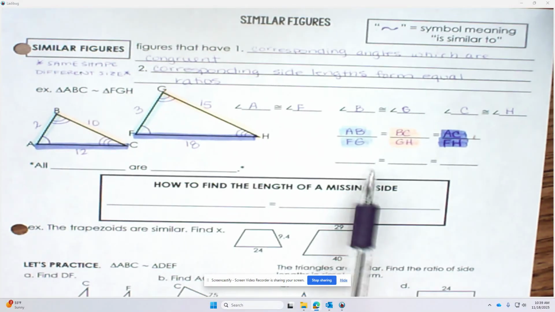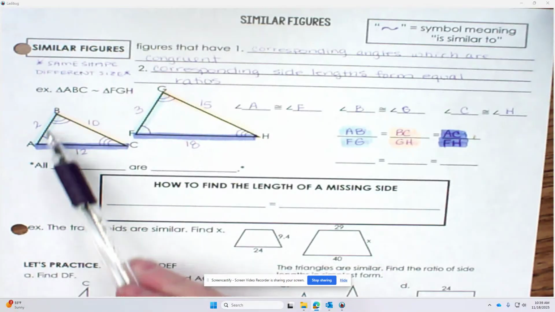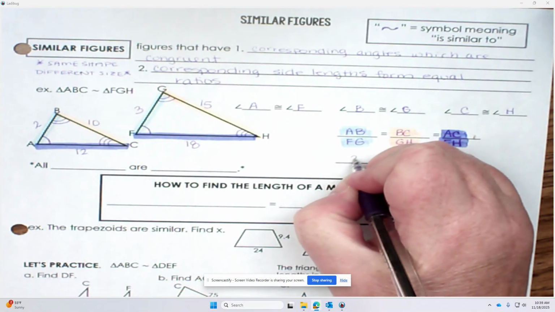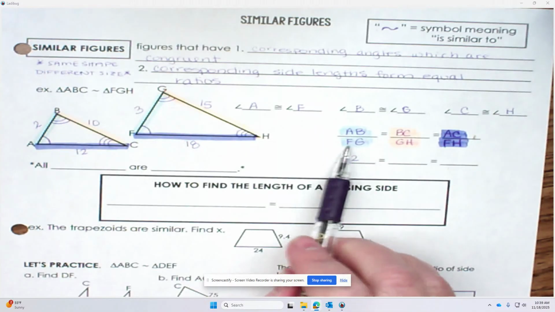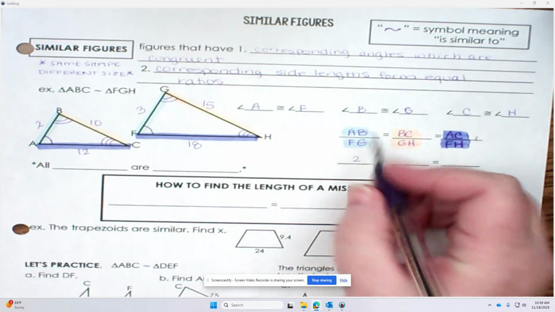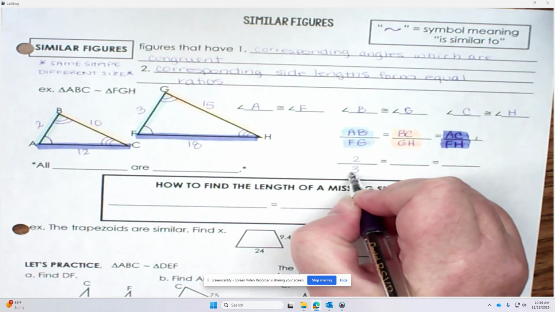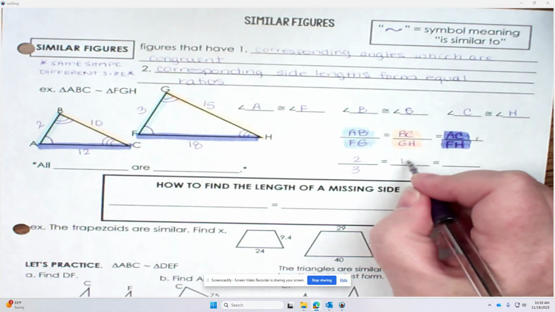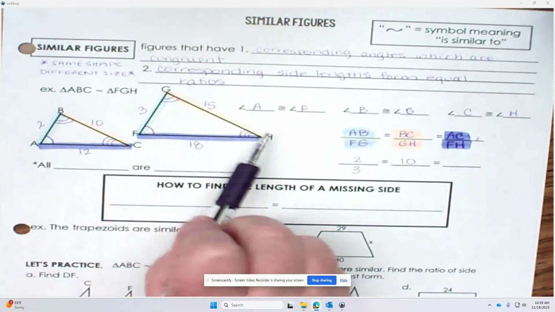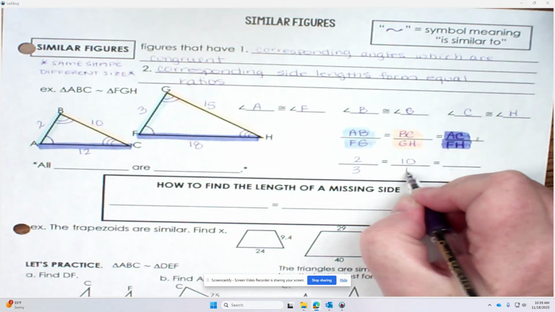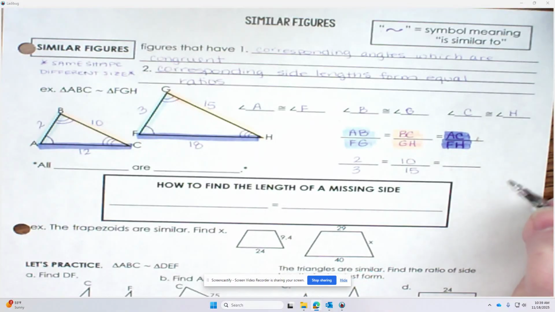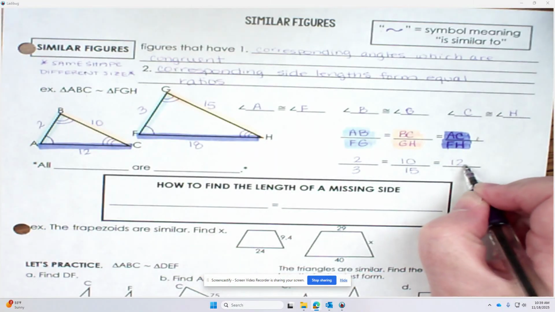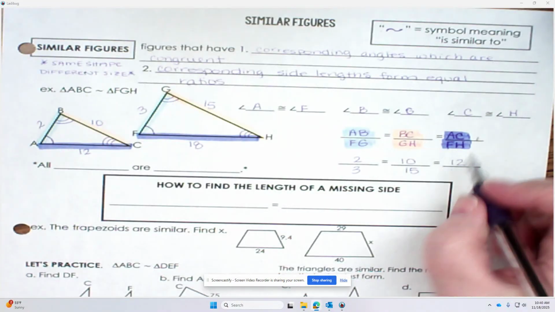So now, instead of writing AB, I'm going to write the measurement of AB. Right here where it said AB, underneath I'm going to put 2. And I see that FG is 3. BC is 10 and GH is 15, and then AC is 12 and FH is 18.